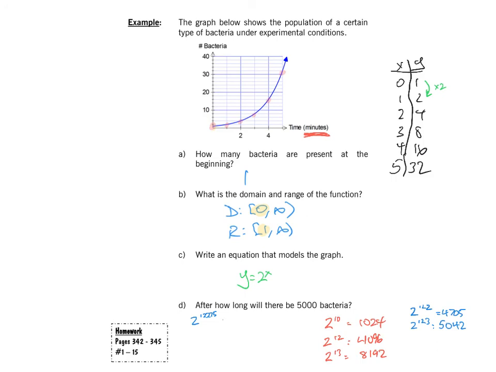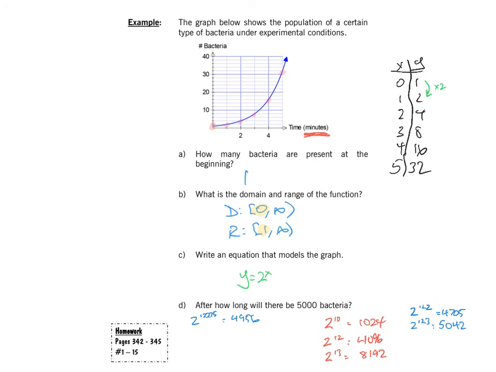2 to the 12.275 gets us closer, although actually not as close as we were, around the same closeness as there. We're at 4,956. So that makes me think that we should probably go 2 to the 12.28, and that doesn't quite get us there.